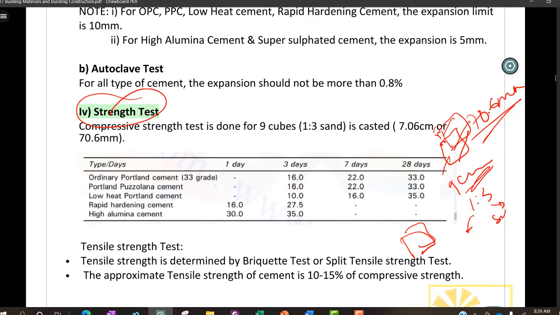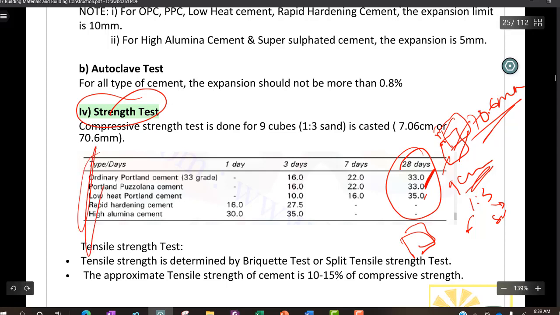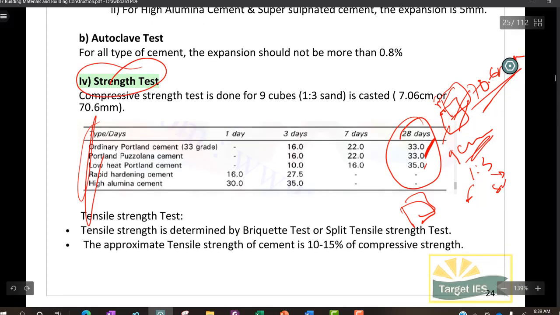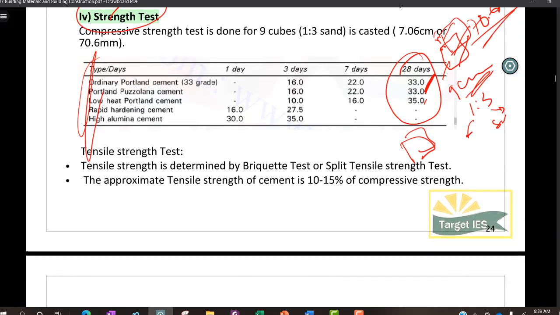And you know what the compressive strength should be, right? For OPC at 28 days 33, for 43 grade it should be 43, for 53 it should be how much? 53. Okay, remember. Similarly I have given for different types, just have a look, and see how the strength increases for different types of cement, and correlate with them.